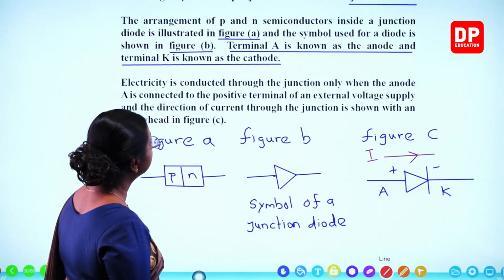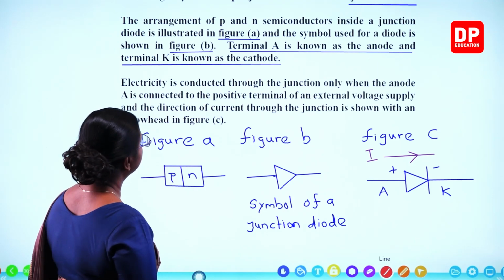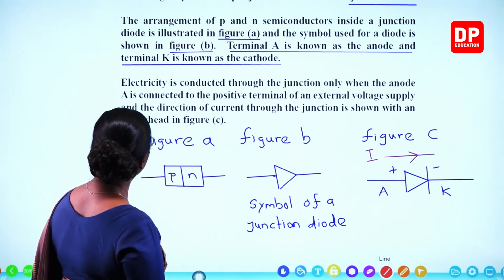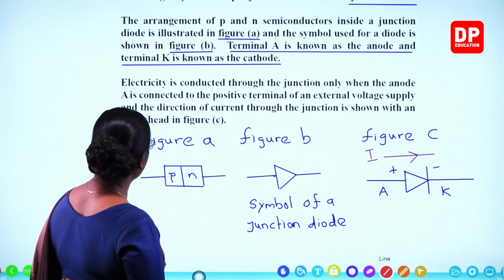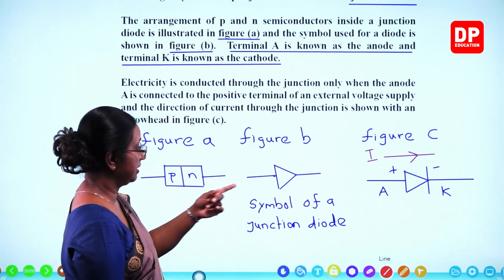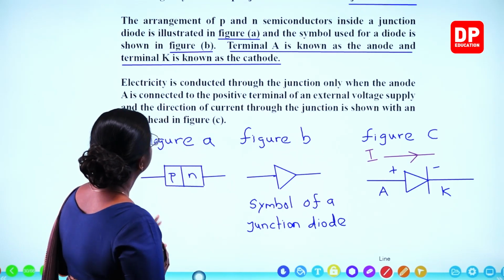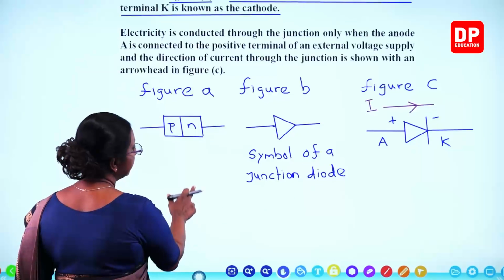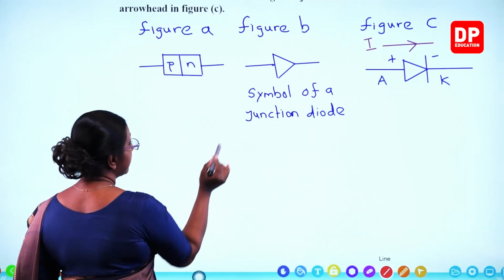Electricity is conducted through the junction only when the anode A is connected to the positive terminal of an external voltage supply, and the direction of current through the junction is shown with an arrowhead in figure C. So I have shown that to you all already. That is how you use the diode. So if we consider the connection, now these are the symbols.